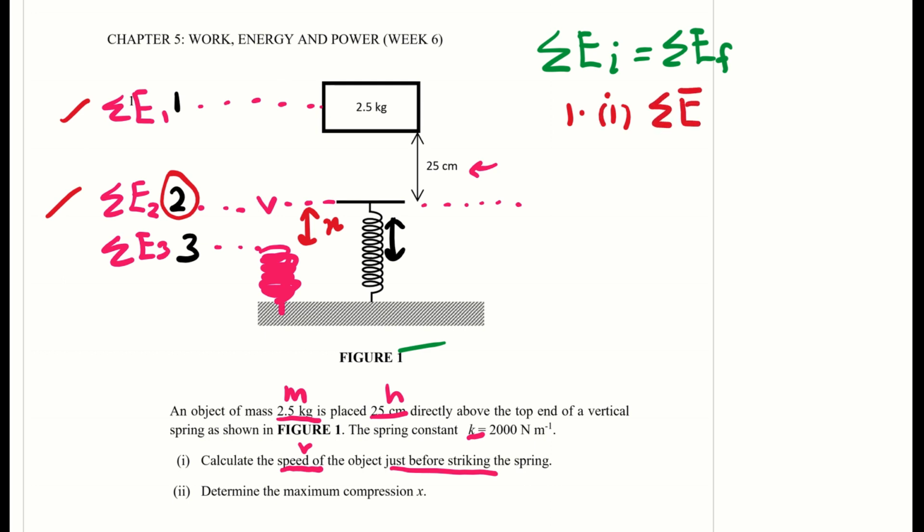We have to clearly state that E1 equals E2. At the first position we only have gravitational potential energy, and at the second position there is no compression yet, so we only have kinetic energy.